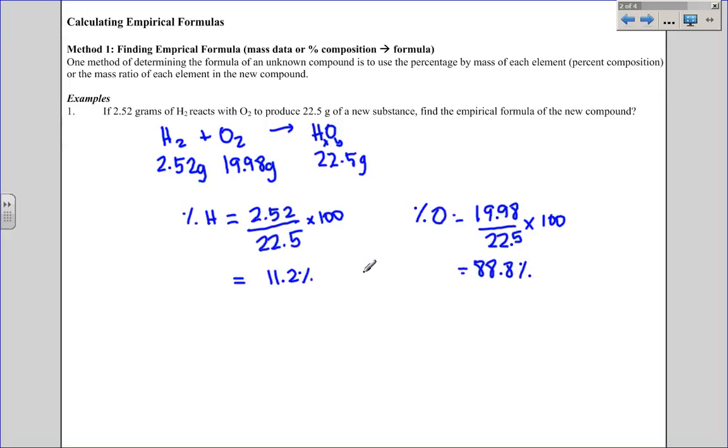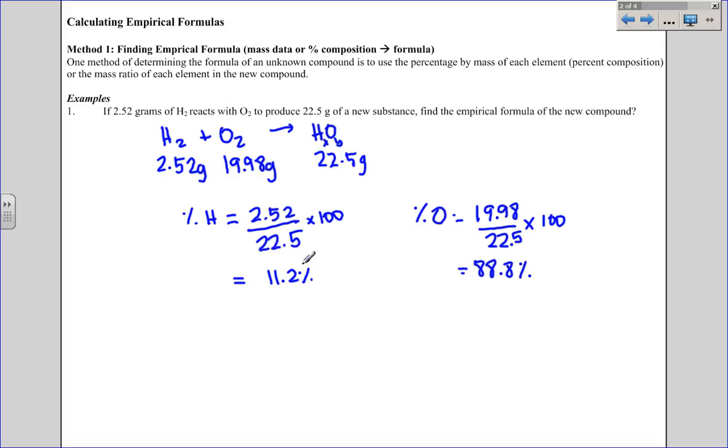Now again, we could have taken 100 and subtracted 11.2 to get the 88.8, but I like to verify that I've done all my initial calculations correctly. So we know that in this unknown sample, it is 11.2% by mass hydrogen and 88.8% by mass oxygen.